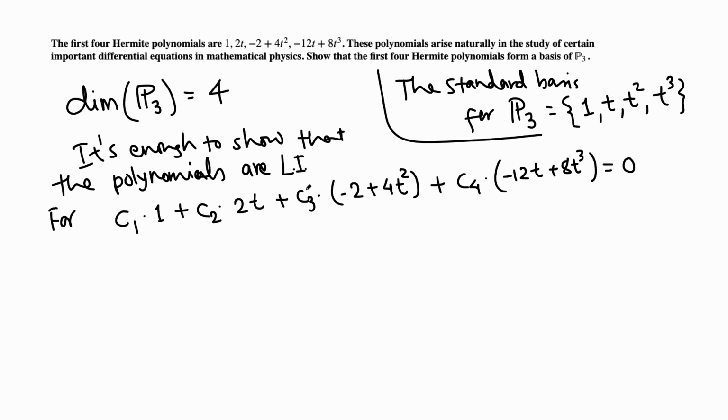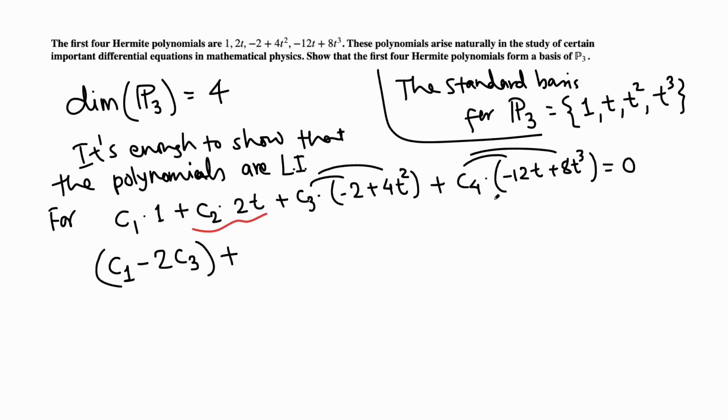So let's simplify here. We can distribute. Then there is c1, that's the constant, and c3 times negative 2 gives negative 2c3, which is also a constant. Now I'm looking at the terms containing t.